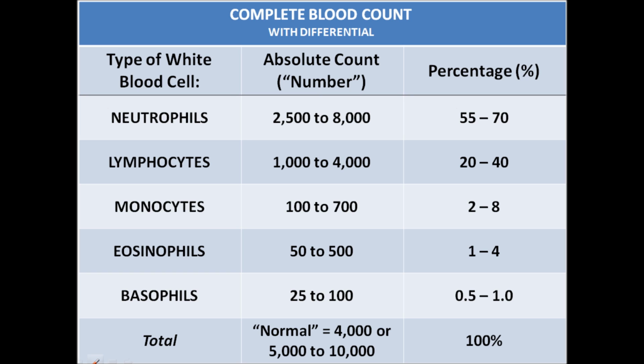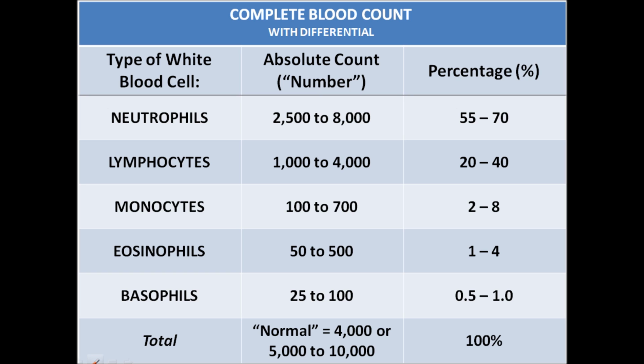If, though, we do a differential, which is what you will typically see, you're going to see it broken down into the 5 major types of white blood cells: neutrophils, lymphocytes, monocytes, eosinophils, and basophils. And then you also see a percentage. The percentage is just the percentage of each type of white blood cell in that same 1 millimeter cubed of blood.